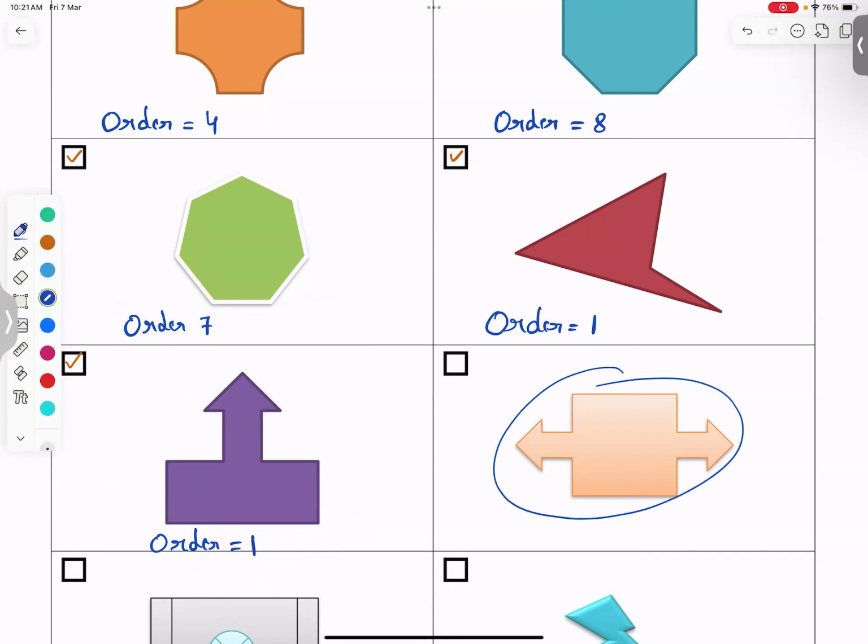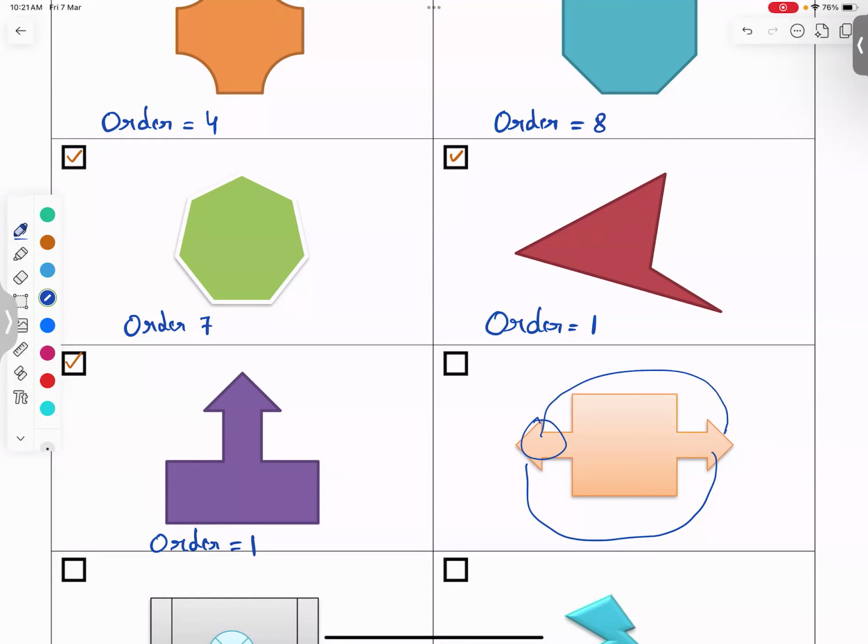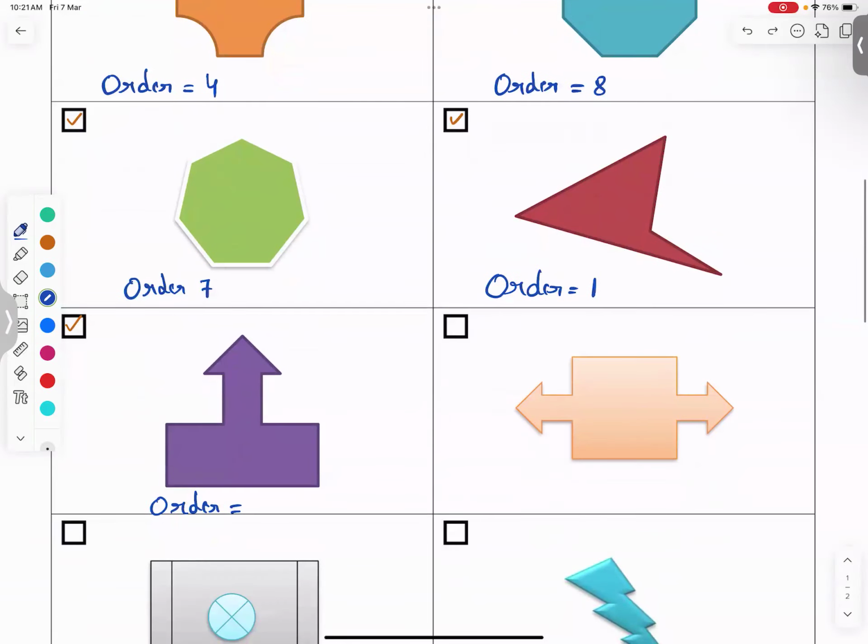And now what about this? This arrow can be placed at this point after a 180 degree rotation, and this arrow can be placed at the other one. Both arrows will interchange after 180 degree rotation, and you also get the same diagram after 360 rotation.